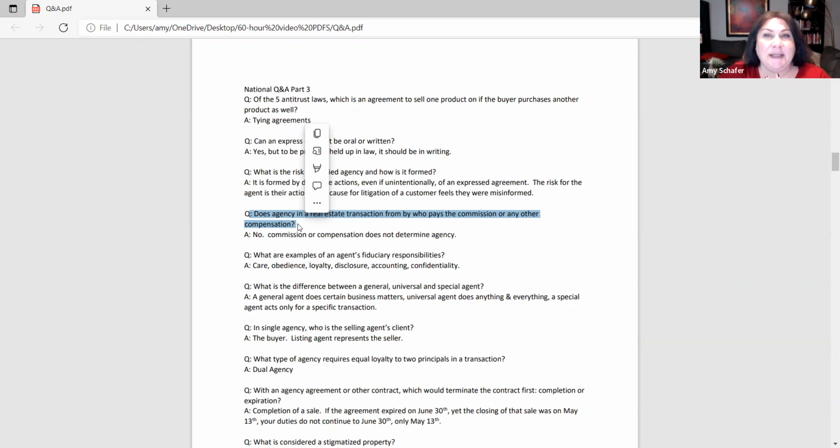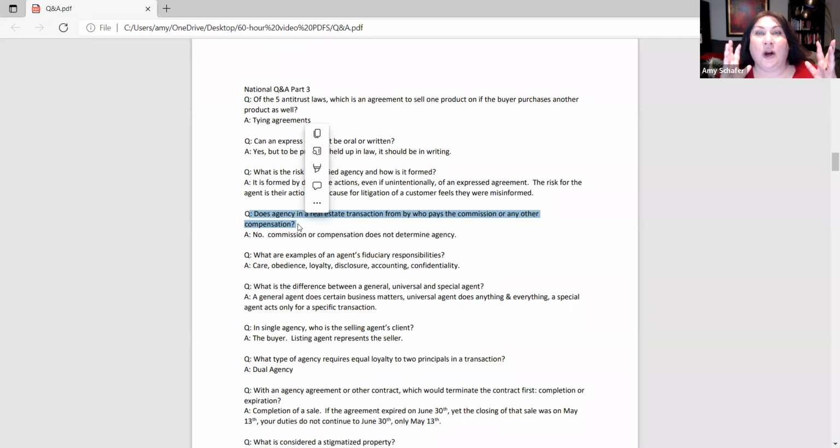Then at closing, my broker is going to keep 3%, share a check with the buyer's broker for 3%, and then each of those brokers are going to pay us according to our independent contractor agreement. Long story long, the seller is the one that paid that commission, but does the buyer's agent owe them any duties?